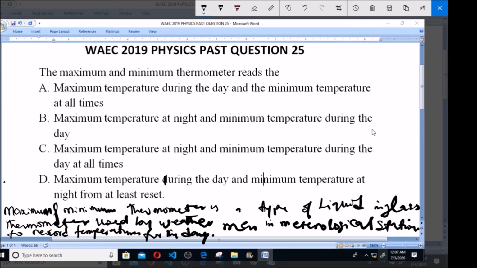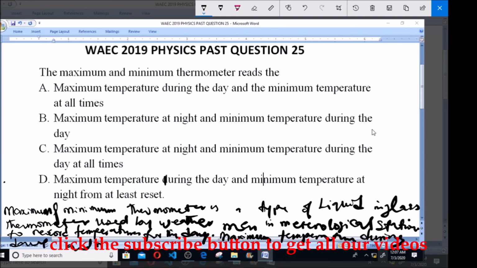So in essence, they are recording maximum temperature during the day. So the maximum is recorded during the day and minimum temperatures during the night.